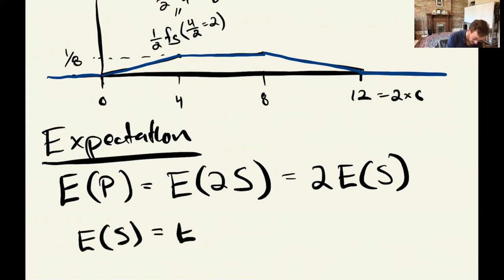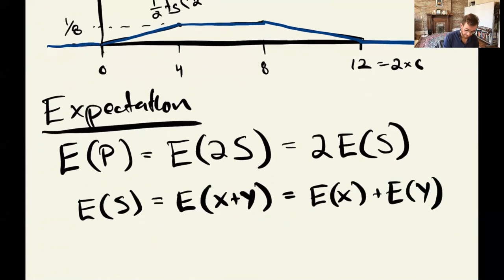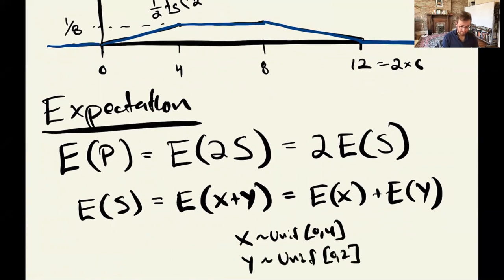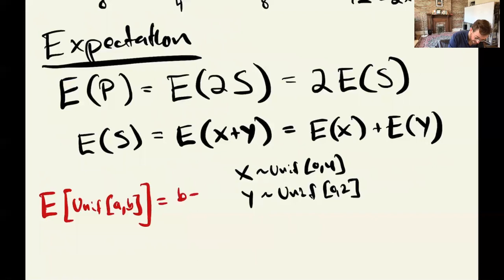Well, by definition, S is the sum of my 2 random variables, which again is by linearity of expectation, the sum of the expectations. So recall X was uniformly distributed from 0 to 4, and Y was uniformly distributed from 0 to 2. And so the general formula is that the expectation of something that is uniformly distributed from A to B is equal to B minus A divided by 2.